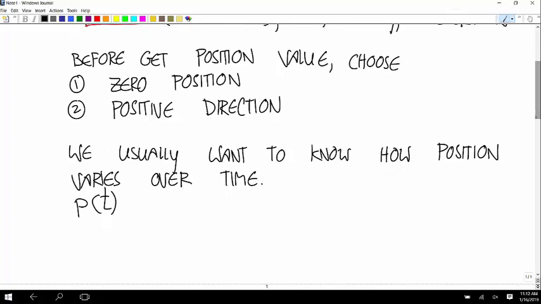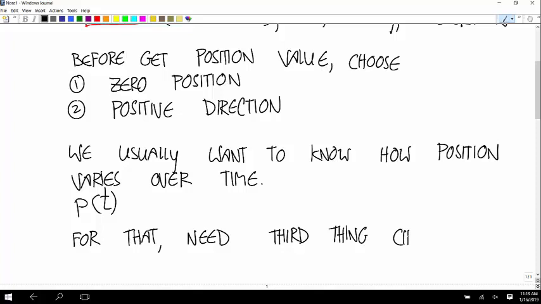And in order to get that, we need to choose a third thing. There needs to be a third thing that's chosen.